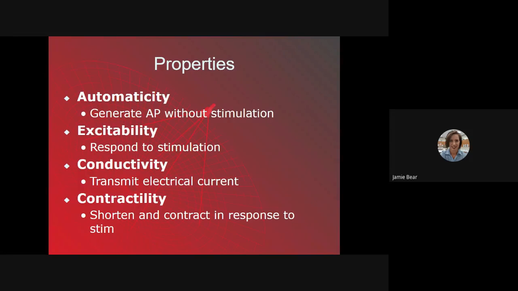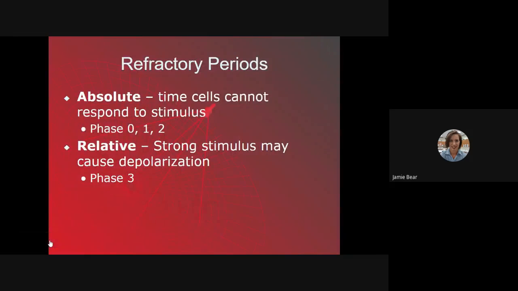If you remember, contractility was one of the properties that made up stroke volume. And stroke volume is how much blood is ejected from the ventricle in each beat or each contraction. So contractility here, we know, will respond if it needs to change that stroke volume amount.